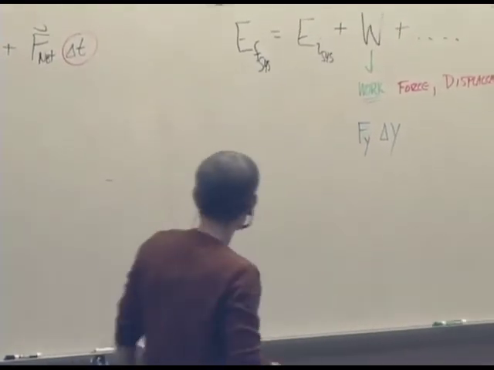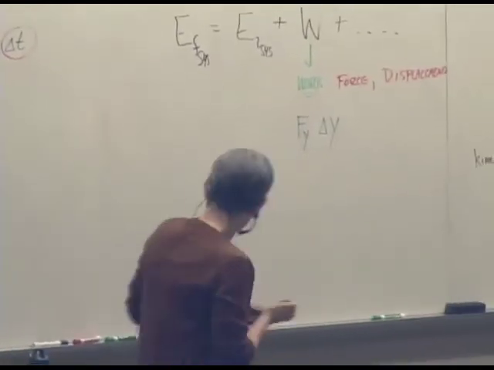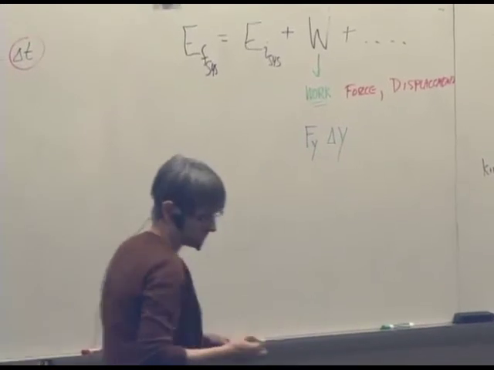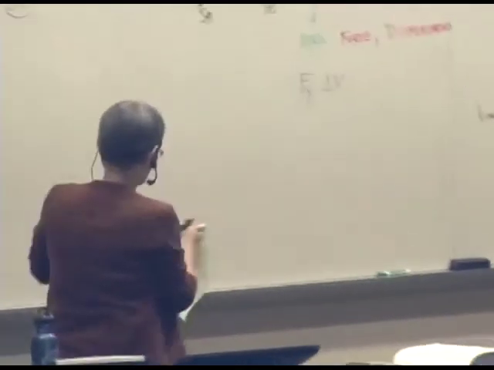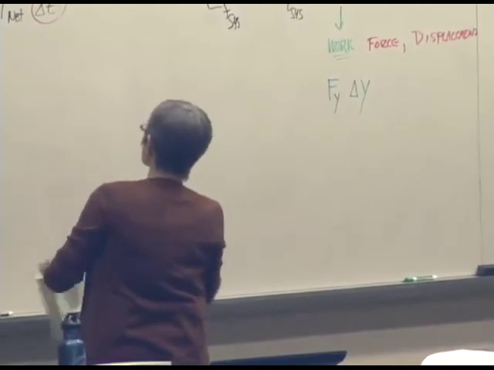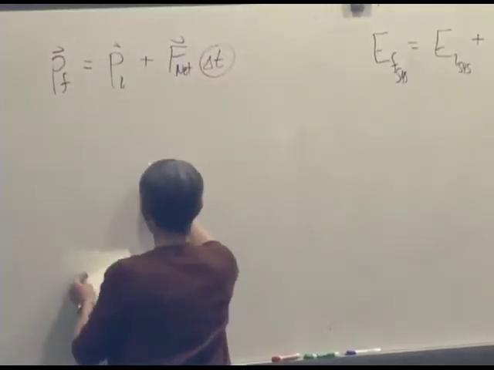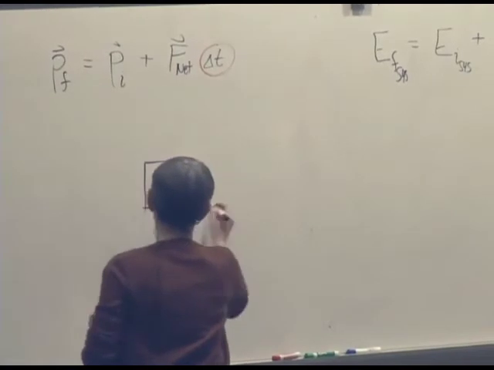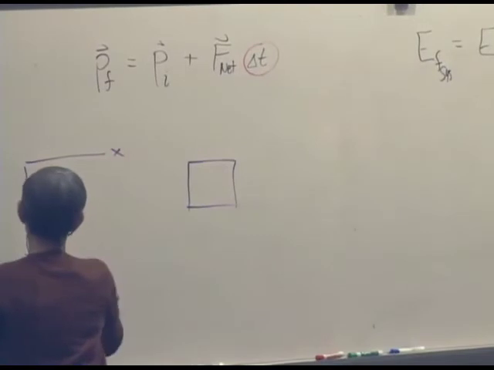So let's consider a situation like this where we have, suppose that you and your friend are pushing a box across the ice in a hockey rink. And so you're looking down, so our axes are x and z.